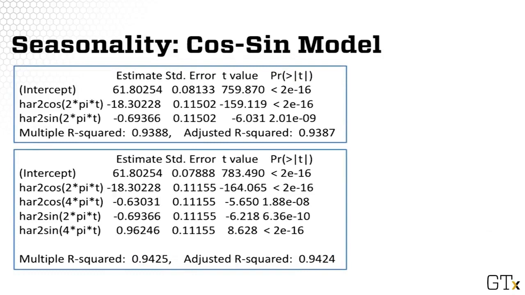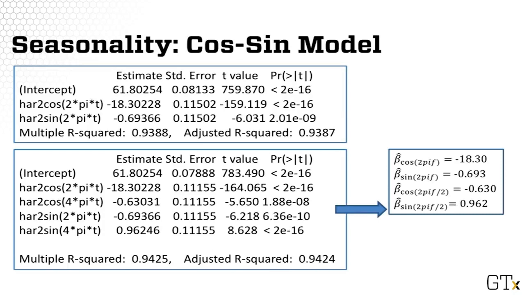This is the output for the two models using the cosine-sine decomposition of the seasonality. The difference between the two models is that in the second, we're adding one more set of cosine harmonics. We can see from the output that the estimated coefficients for the first set of harmonics are similar for the two models.